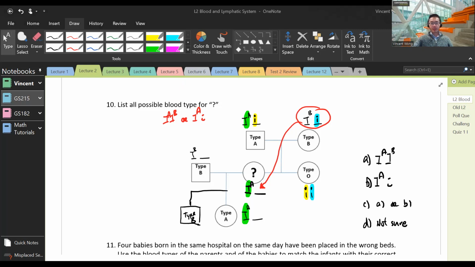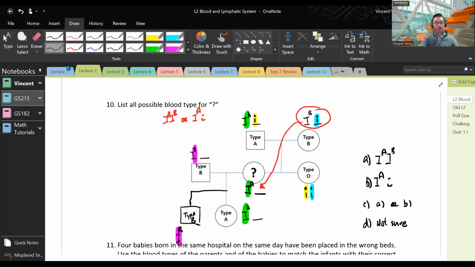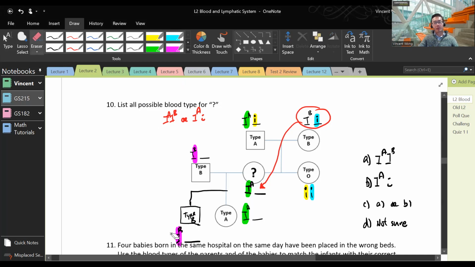Okay, thank you for those of you who participated. We still won't know, okay? Because let's think about this. If this person is type B, clearly they inherited the IB from the father. And what about the other allele? Well, this time it's not going to be the IA that they got from the mother.